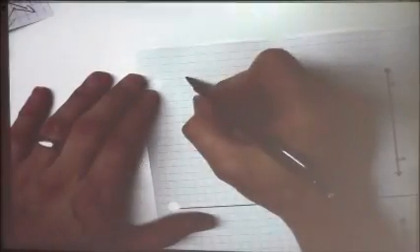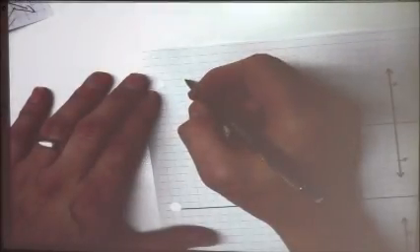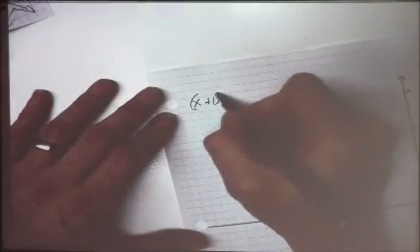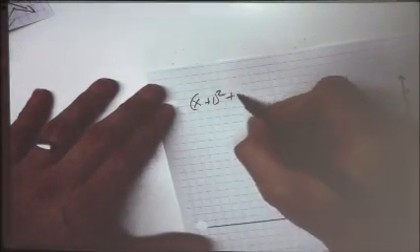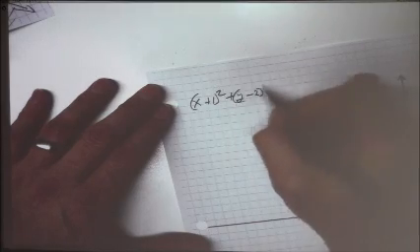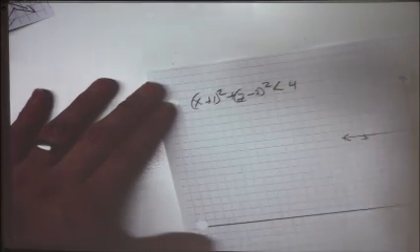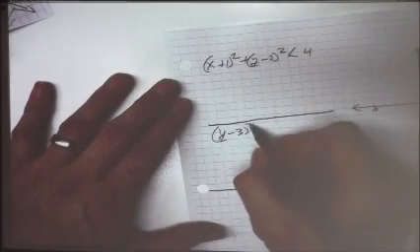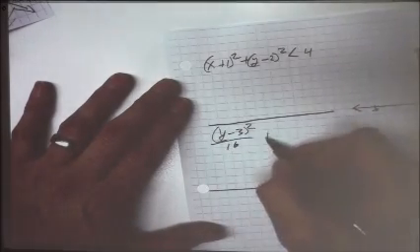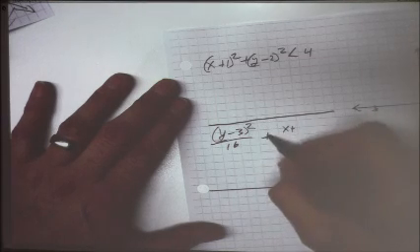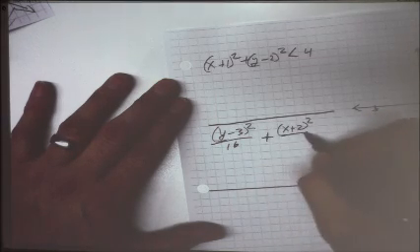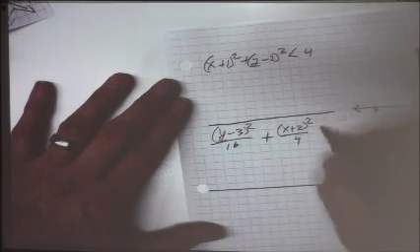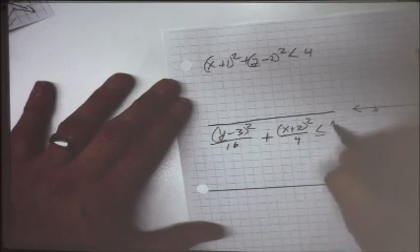Let's do this. (x + 1)^2 + (y - 2)^2 < 4. And I'm going to do a little line here and put the second one down here so we can work with it that way. (y - 3)^2/16 + (x + 2)^2/4 ≤ 1.